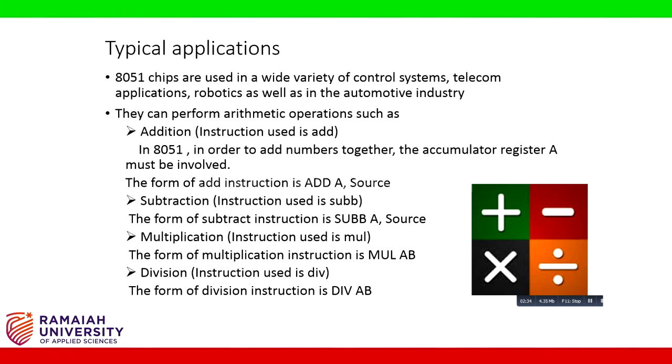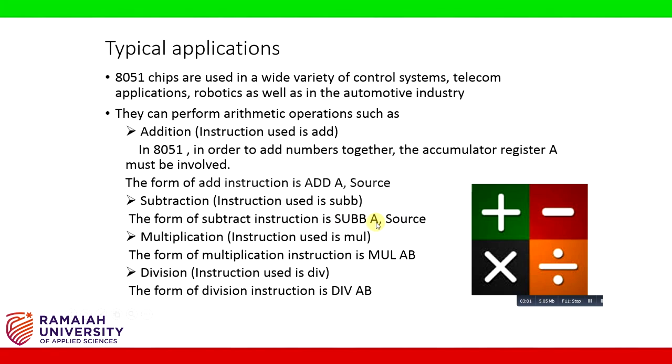The only operation present for subtraction is subtraction with borrow. So SUBB, where A is the destination. Here also the source can be immediate data, indirect data or the data present in a register, but the destination must always be the accumulator. Once the subtraction is done, the result will be stored in the accumulator.